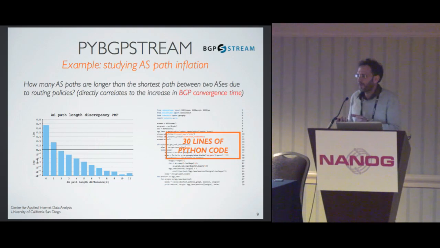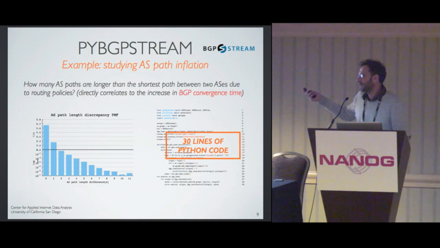It computes the difference between the actual paths between each monitor, each peer of the RouteViews and RIPE RIS collectors, and origin ASs announcing prefixes, and the shortest path. And so it calculates AS path inflation, which is depicted in the graph on the left.